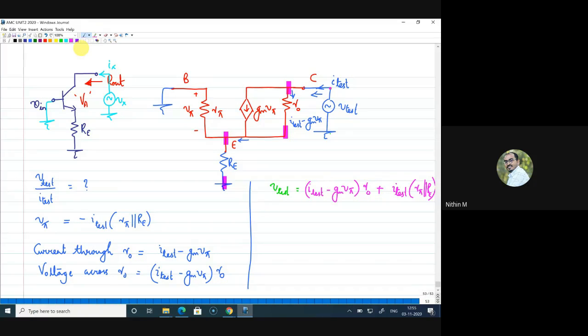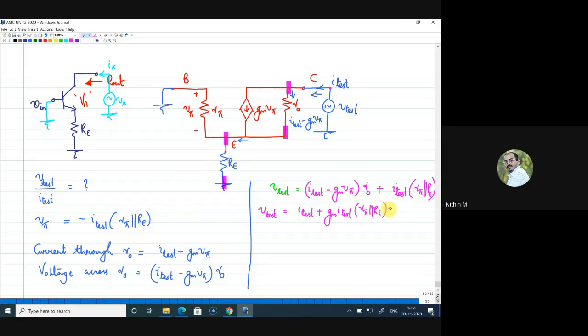What you can do is just write what is V test by plugging in what is V pi into this. Now if I do that, I can write it as I test. V pi is minus, so it is plus GM into I test into R pi parallel to RE.